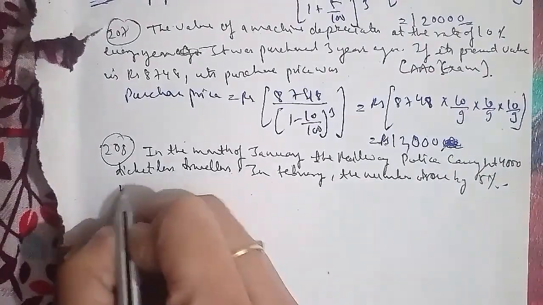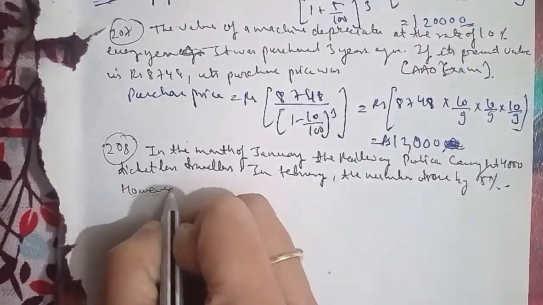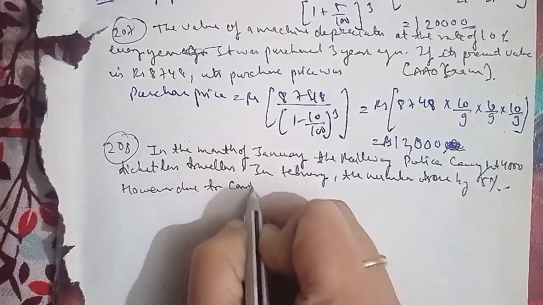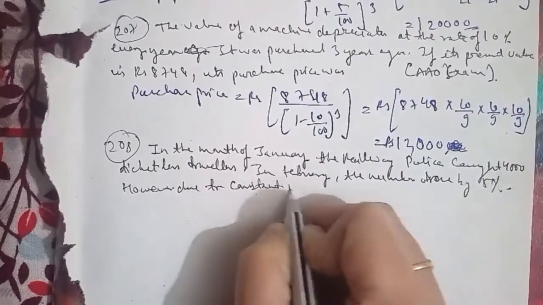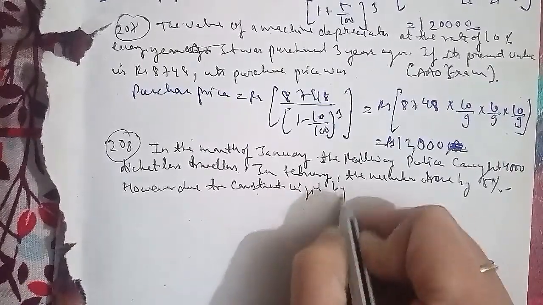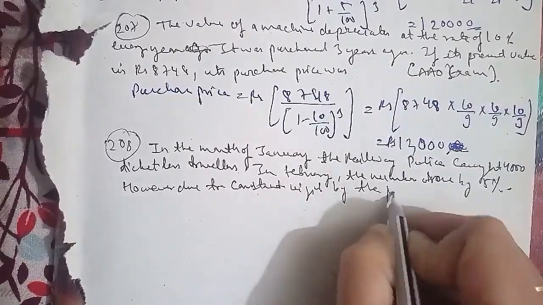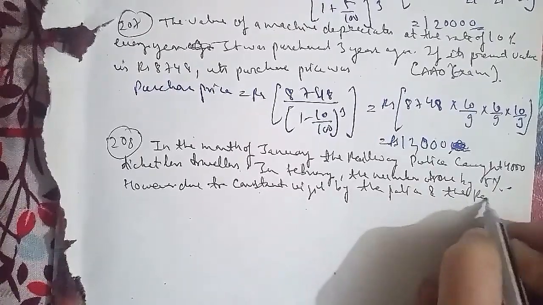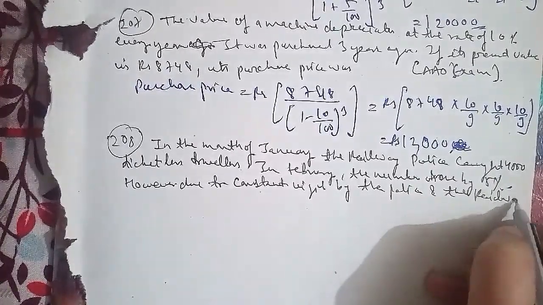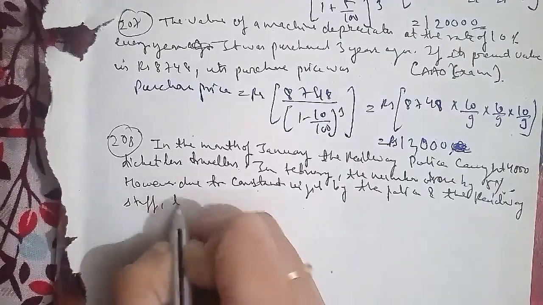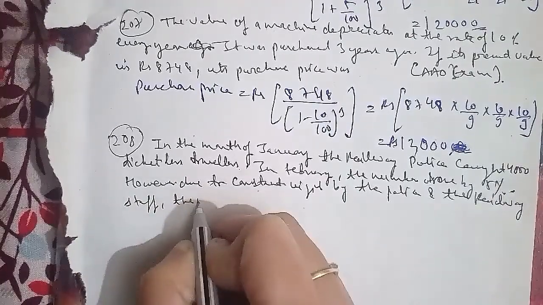However, due to constant vigil by the police and the railway staff, the number reduced by 5%.